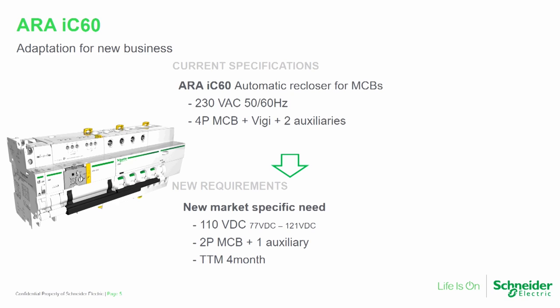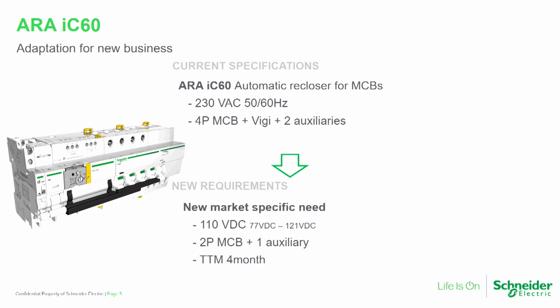But we need it to work for this specific market at 110 volts DC and a wide voltage range, from 77 volts to 120 volts. The load to actuate is slightly simpler. It's only a 2-pole circuit breaker and 1 auxiliary, but we need to deliver the first prototypes to the customer in 4 months. So this was quite challenging.